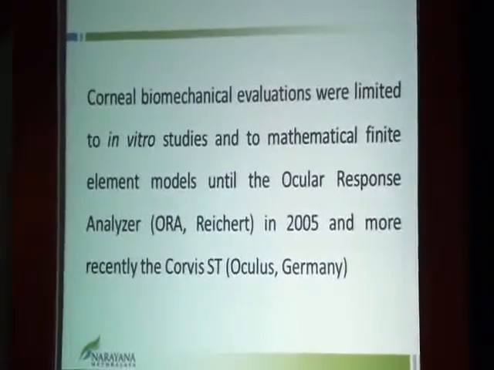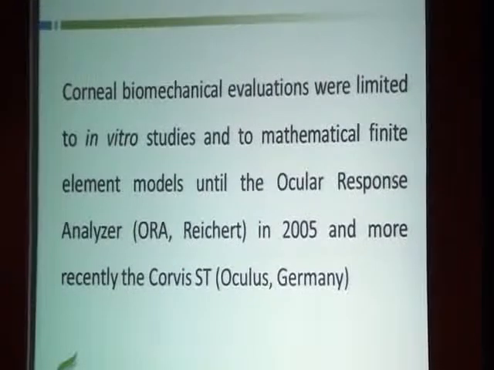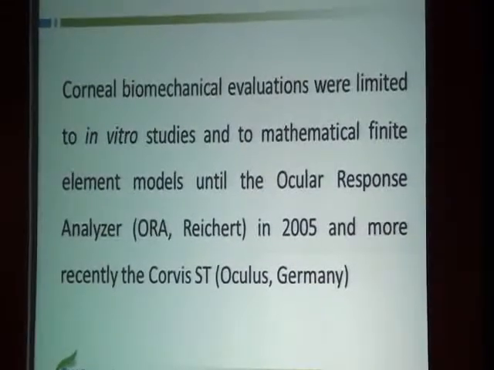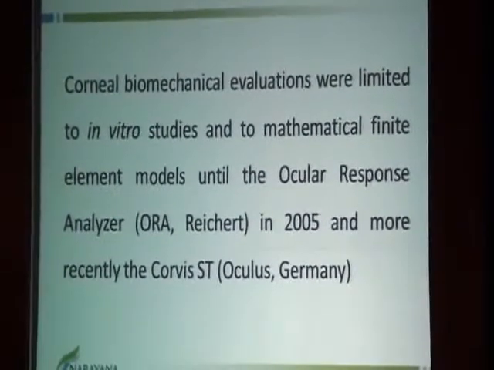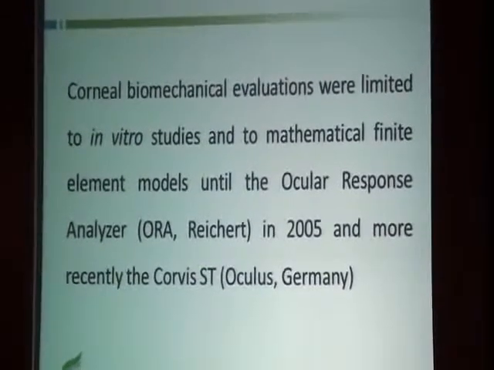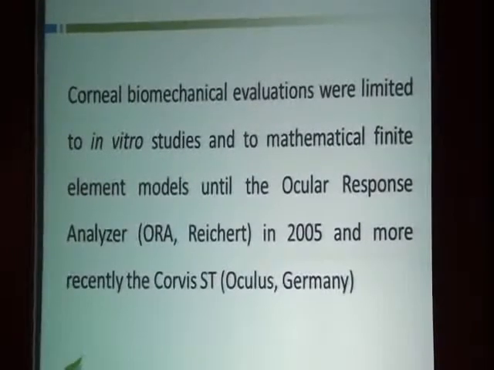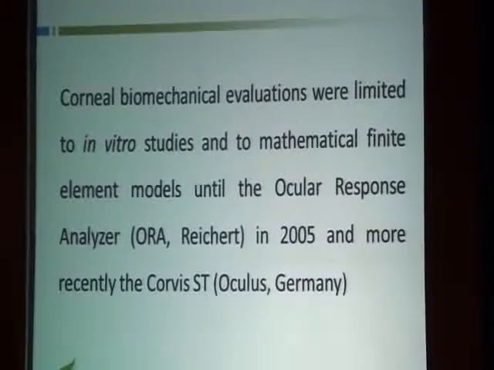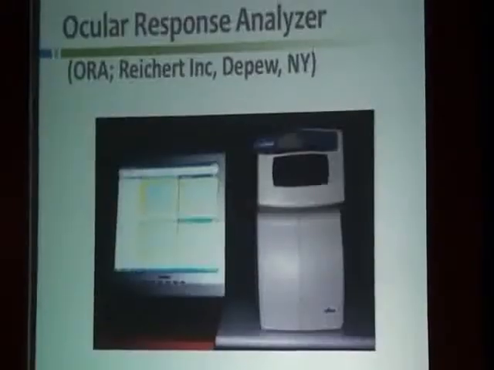Earlier, corneal biomechanical evaluation was limited to in vitro studies, and by using mathematical finite element models, some idea about what may be happening within the corneal tissue was inferred. However, with the introduction of the ocular response analyzer, the ORA, in 2005, and more recently the Corvis instrument, we can actually quantify what we think is a measure of the corneal biomechanics.